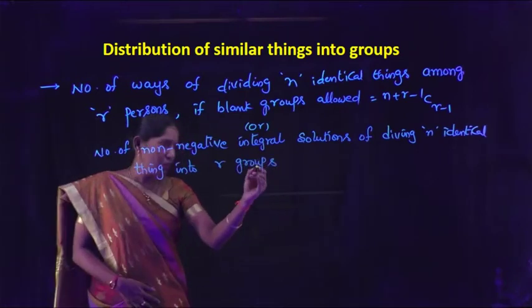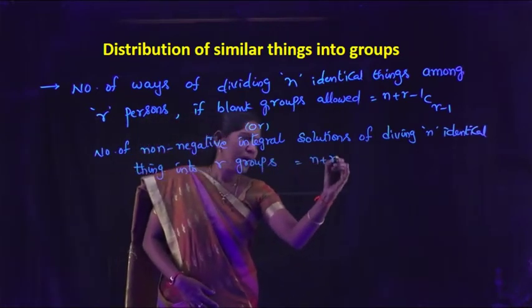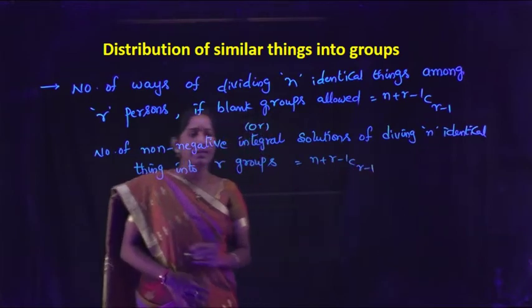That is also n plus r minus 1 c r minus 1.